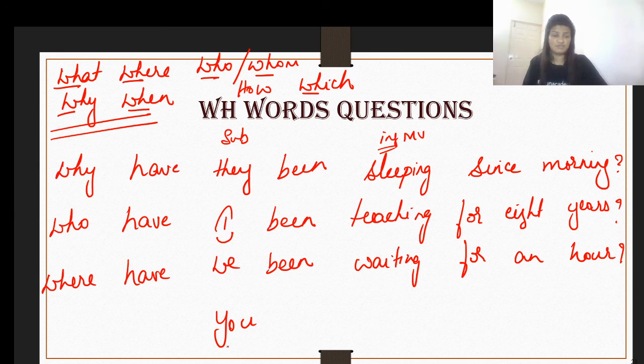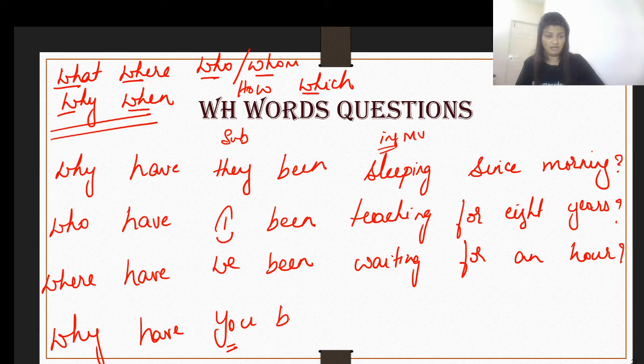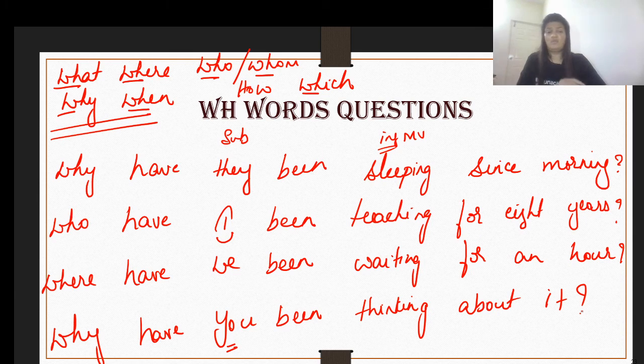Next is the subject you, therefore you bring in your have, and then you will have to bring in any question word, and here I'm going to put why. Why have you been thinking about it? Question mark. Why have you been thinking about it? So you can see we have used why, who, where, and why.